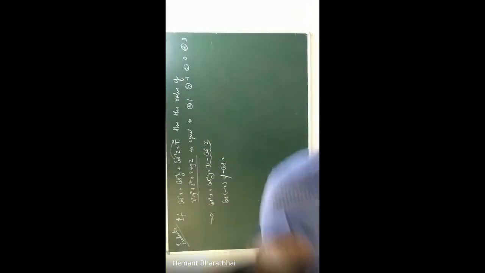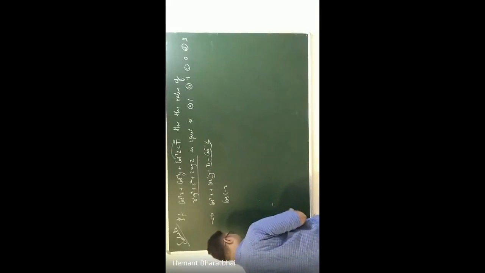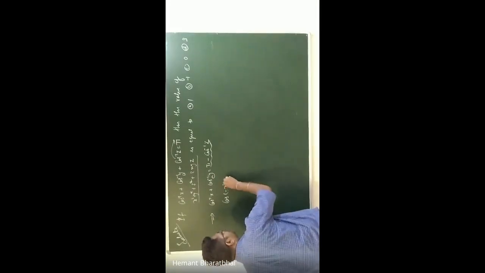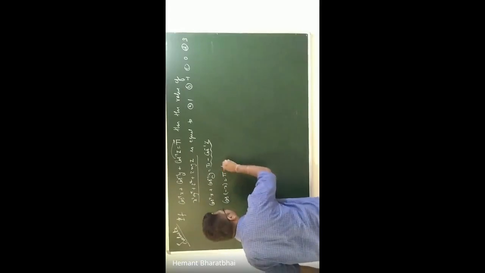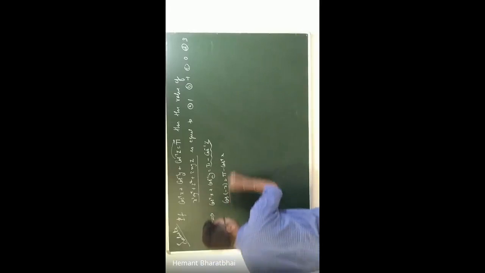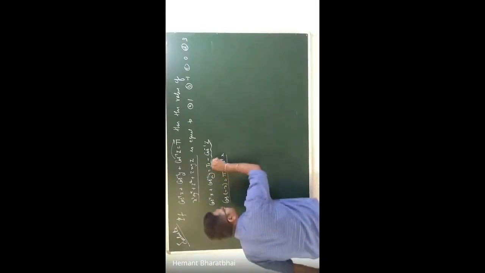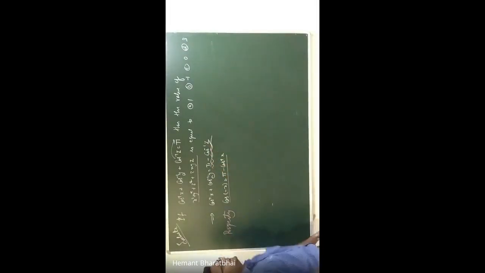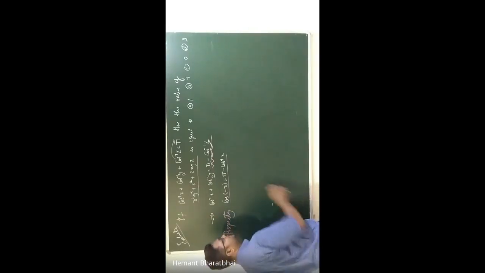But we had written one of the properties where cos inverse of minus x can be written as pi minus cos inverse of x. This was one of the properties. If you see, a similar term is over there: pi minus cos inverse of z. So I can write it as cos inverse of minus z.